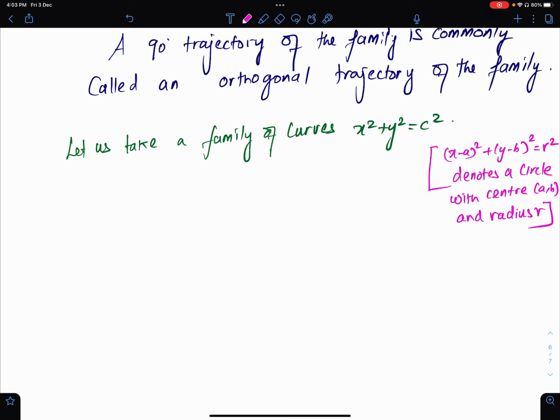But I don't take this one, because it has some other center (a, b). I'm taking the origin as the center, because the values of a and b are 0 here. And in the place of the radius, I put just some c. If c changes, the radius of the circle changes, and automatically you will get a different circle.